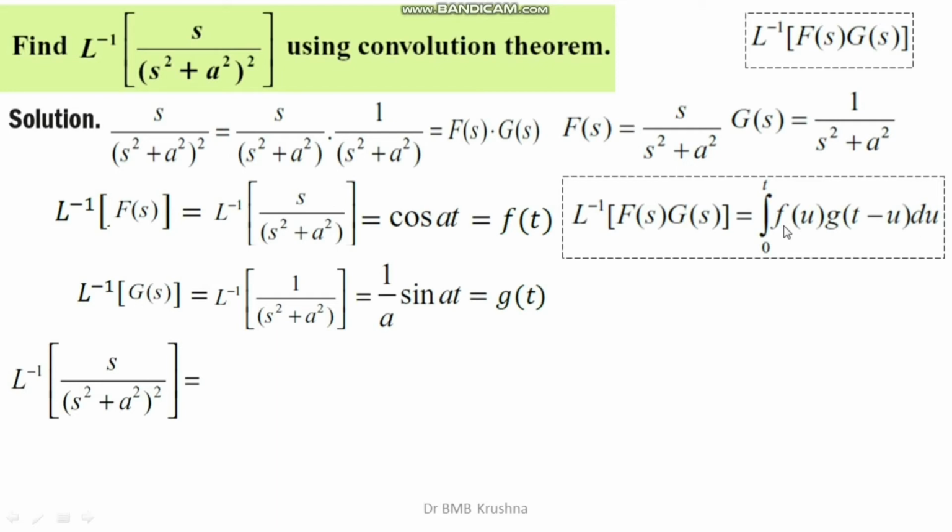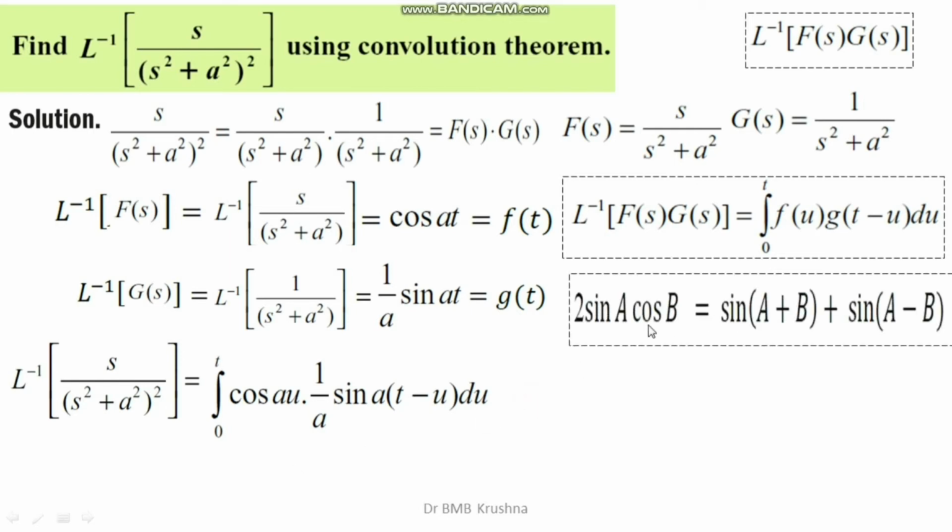Already we have found that f(t) is cosine at, and g(t) is sin at by a. f(u) is obtained by t being replaced with u. g(t minus u) is obtained by t being replaced with t minus u. Now the integral from 0 to t: f(u) became cosine au, g(t minus u) became 1 by a sin a(t minus u), and you have the reference variable u, so take du as it is.